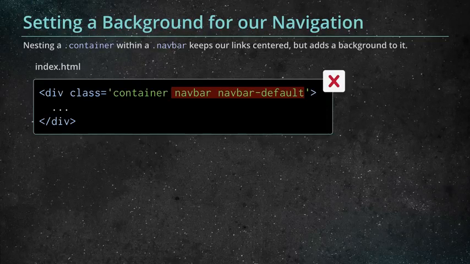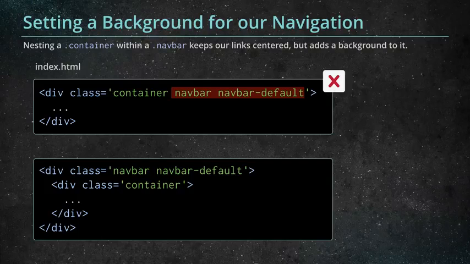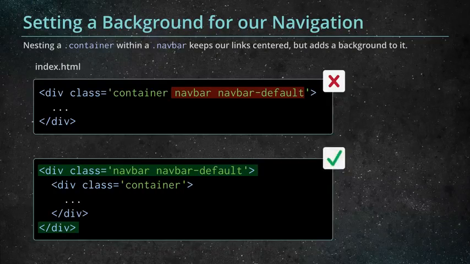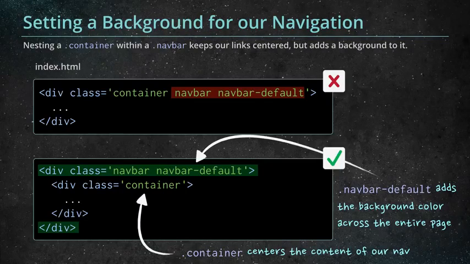To do that, we'll need to go ahead and create a new div that will surround our container and move our other two navigation bar classes onto that new div. Now, our gray styling for our navigation bar will stretch all the way across the page, but the content within that navigation bar will still be centered. This will now look like our goal navigation.